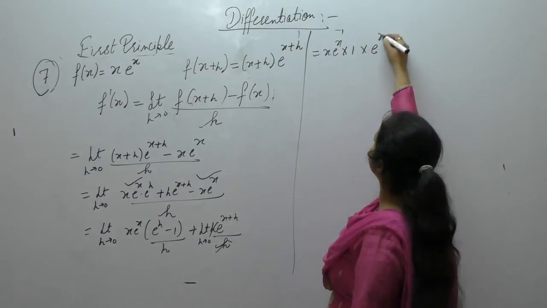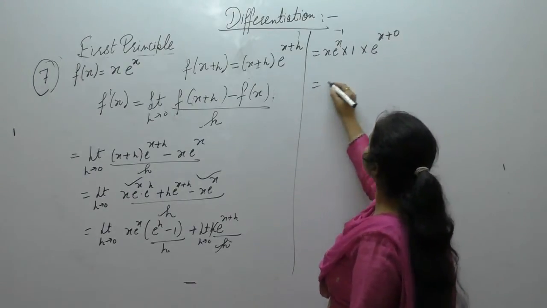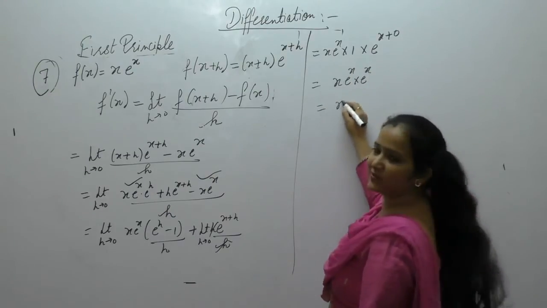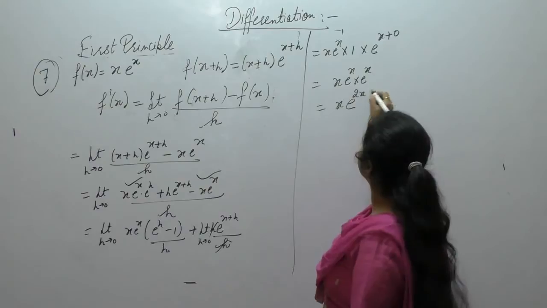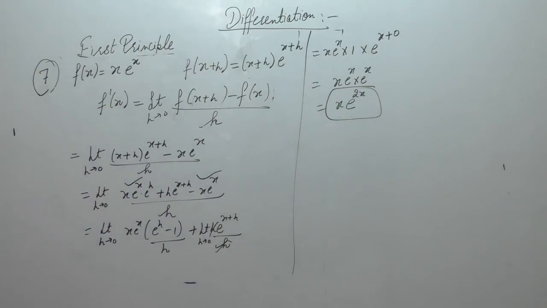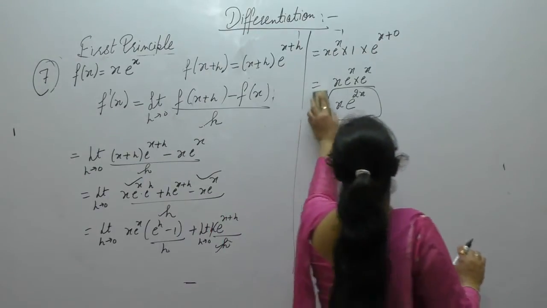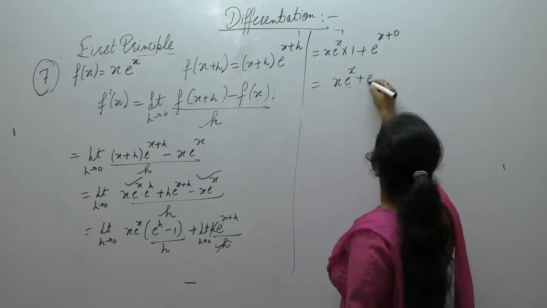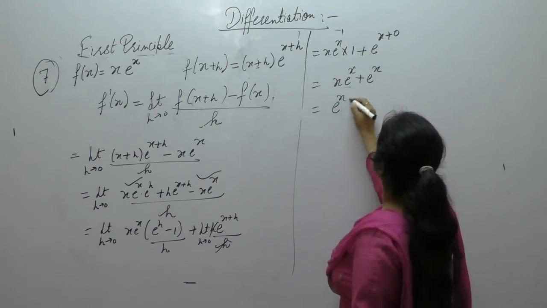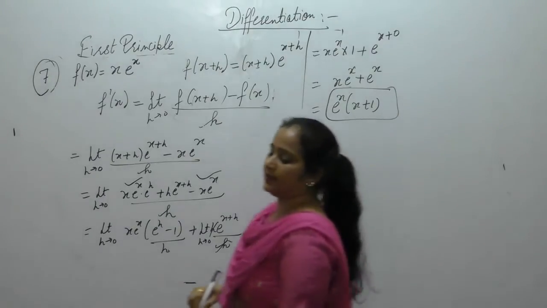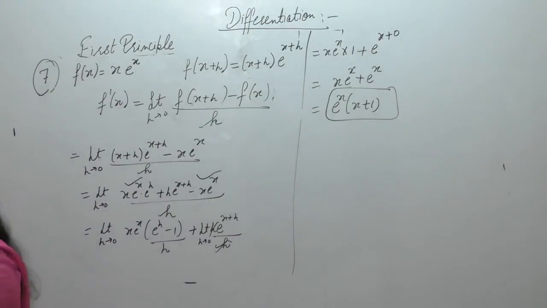Put the value of h here, e^(x+0). So x e^x into e^x, powers will add, e^(2x). Here we have plus sign, not the multiplication. x e^x plus e^x, take e^x common, x plus 1. e^x into (x plus 1).